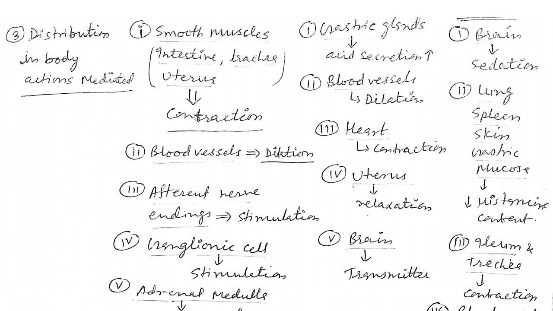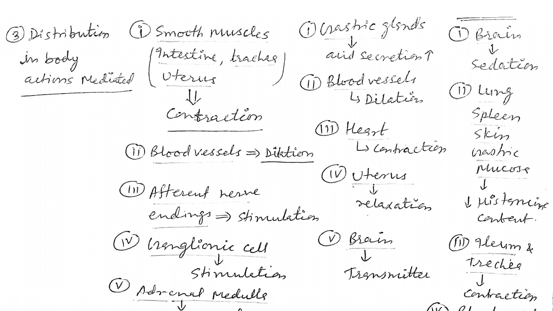So finally you have to remember that H1 receptors are mainly present on smooth muscles like the uterus, trachea and intestine. H2 receptors are present in the stomach, the gastric glands, and the brain. H3 receptors are finally present in the brain. So abundantly, these receptors are present at those places.